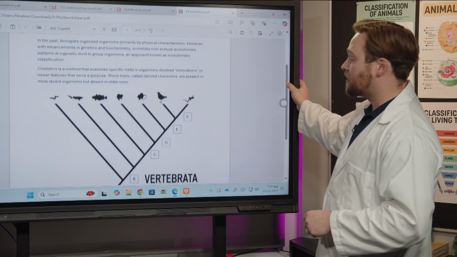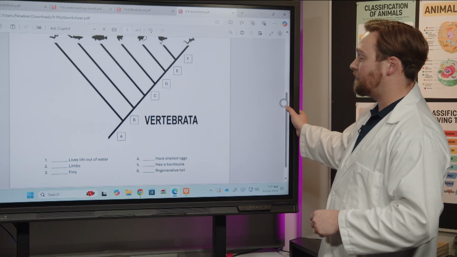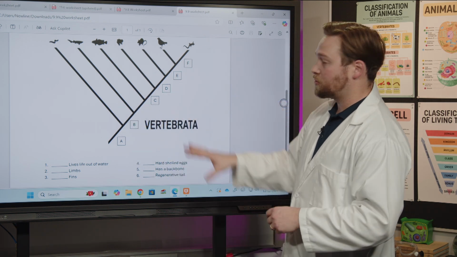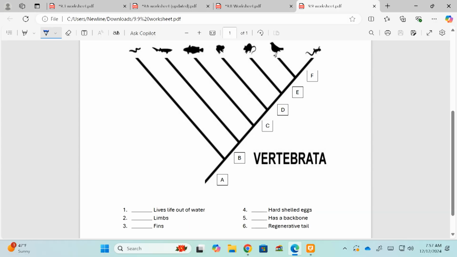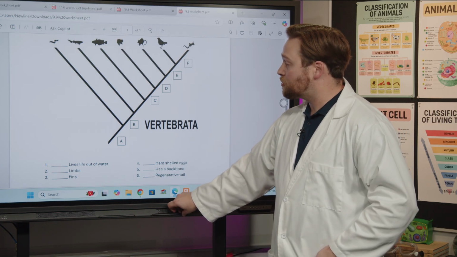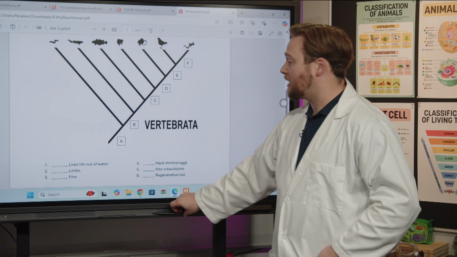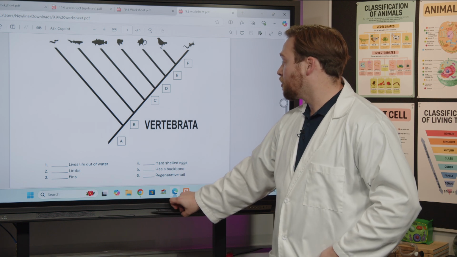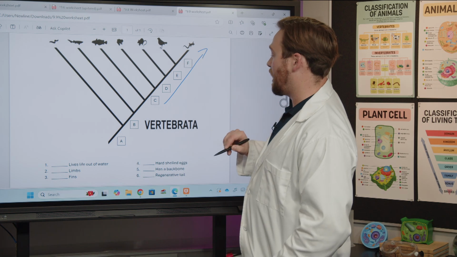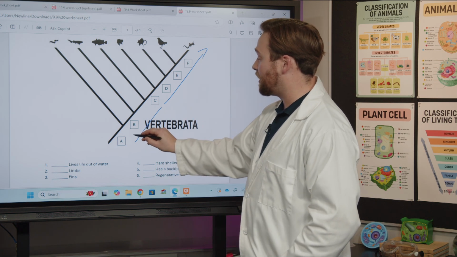So here's what we're trying to do, y'all. We have these different letters on this cladogram. These different letters represent these derived characteristics. What we want to do is place these characteristics in the correct spot. How this works is that if we put a characteristic on a letter, we're saying that everything past that characteristic has that trait, but nothing before it does.